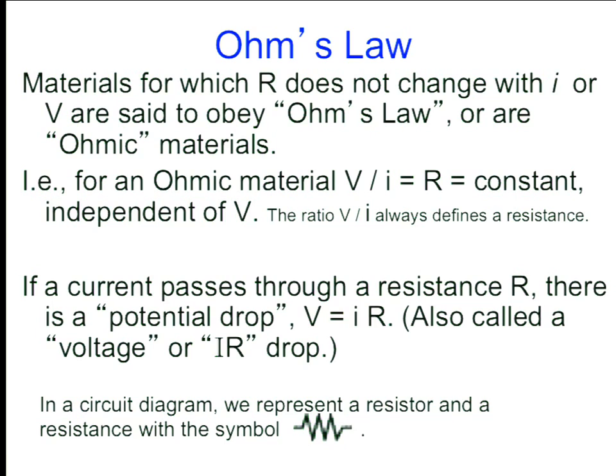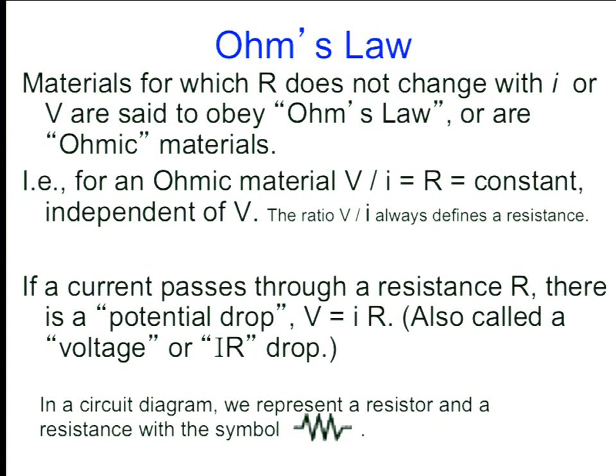And this you use a lot. If you have a resistance and a current is passing through it, Ohm's law applies here, and the change in the voltage on this resistor will be I times the amount of this resistor.